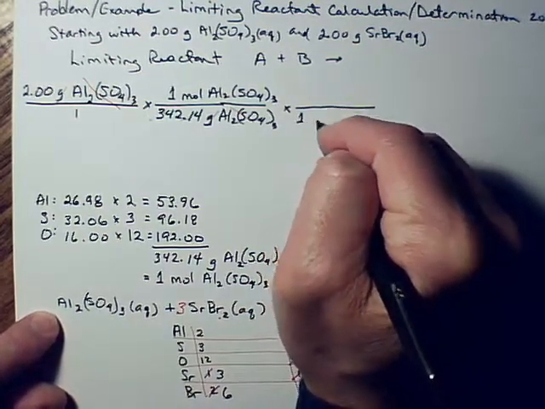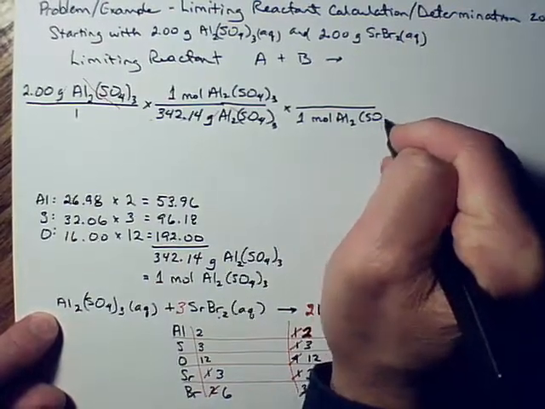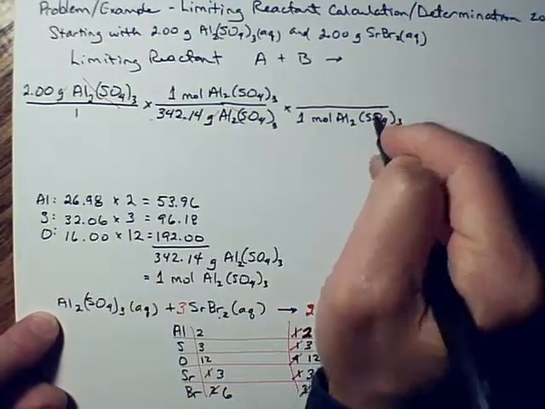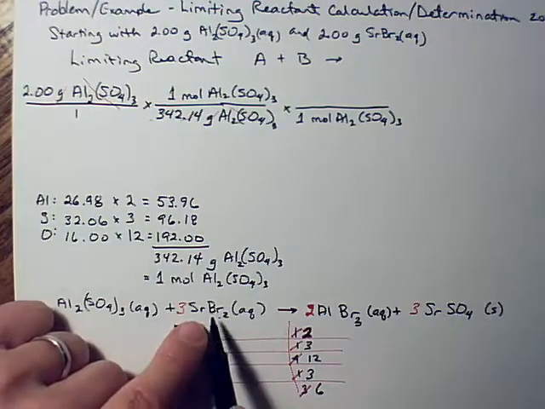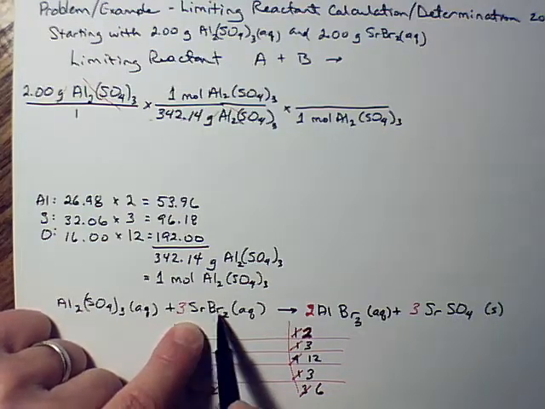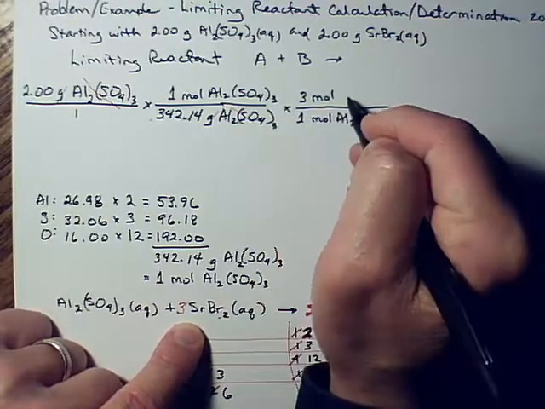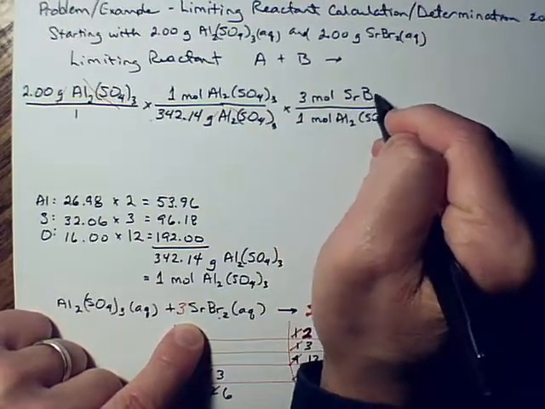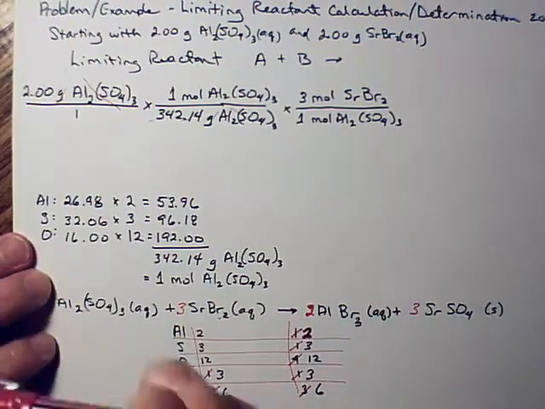We can say that's 1 mole of aluminum sulfate. And we're trying to go to the other species, the other reactant here. So we've got 3 of those. So we can say that's 3 moles of strontium bromide. Okay? And canceling as I go.